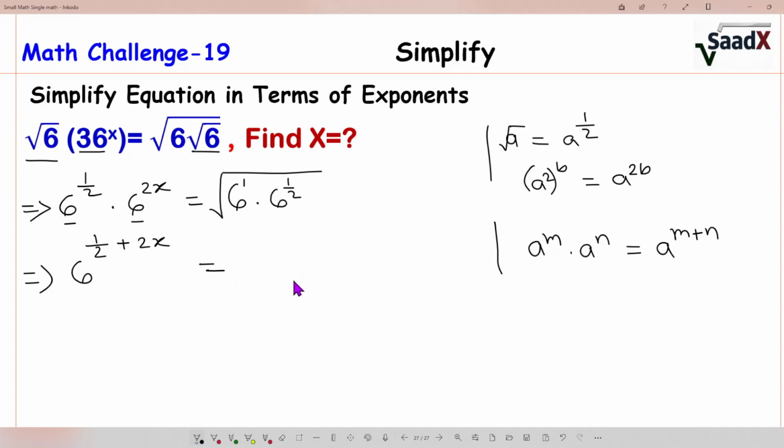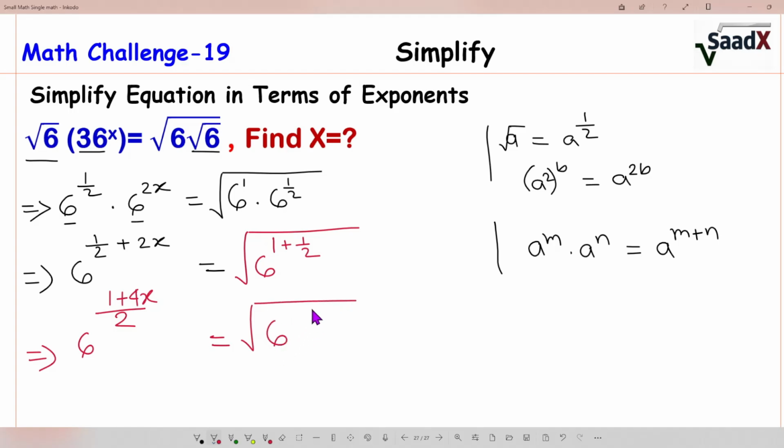What about right side? Here root, and this one also same thing, 6 to the power 1 plus 1 by 2. Now 6 we can make LCM, so 2, 1 plus 4x, and here root 6 again LCM 2, 2 plus 1.